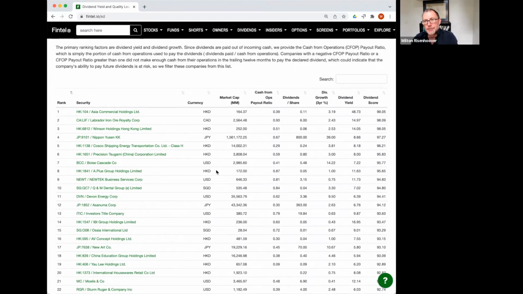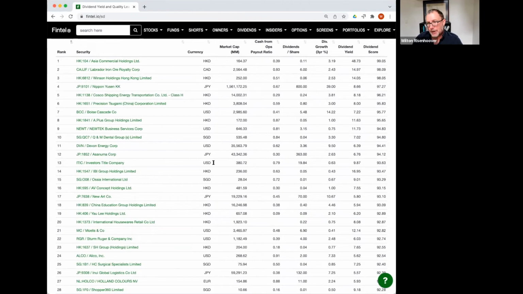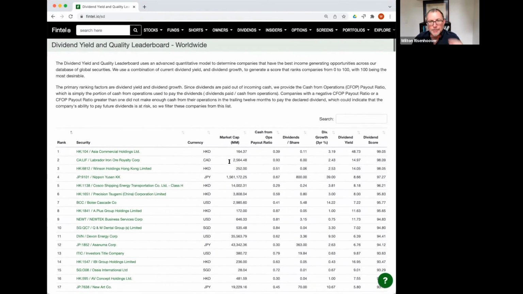I find that some of the best investments for me are not even in the United States. They're in other capital markets. And I think most brokers now, E-Trade even, will allow you to invest in Hong Kong and Canada and Japan and so forth. So if you're looking for interesting and new places to invest, this is a really great start. I would highly recommend you take a look at this. If you have any questions about it, let me know, and I will do my best to answer them.